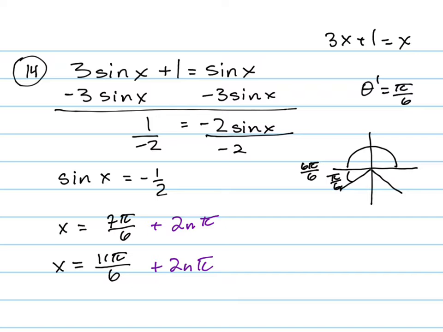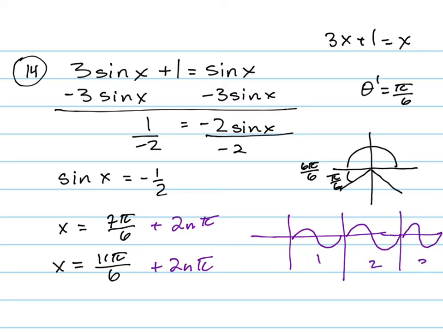Why did you add 2n pi? That is the period. So the sine is negative 1/2 for every 2 pi. It repeats itself. So if we're here, oh, that's a cosine. Here's a sine. So that's 1 period. Then we have another sine, and then we have another sine. So that's 1 period, 2 periods, 3 periods. Negative 1/2 would be somewhere down here.